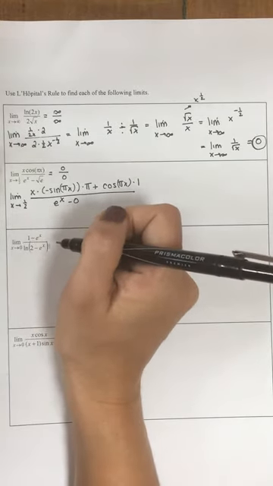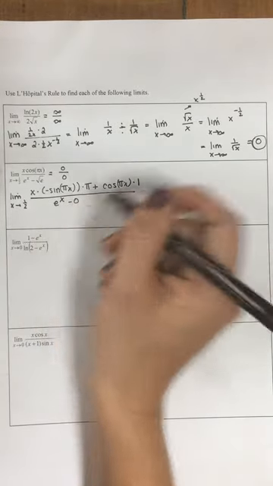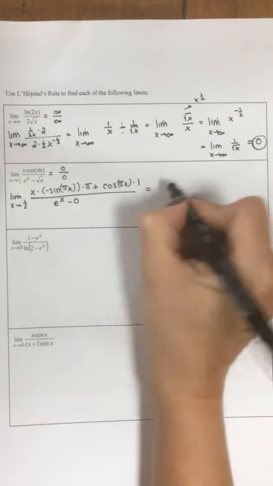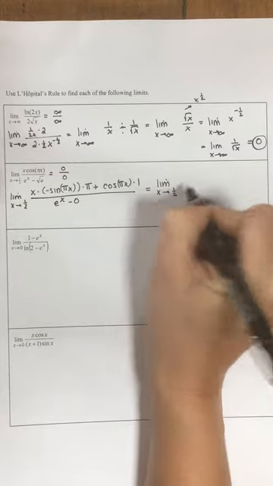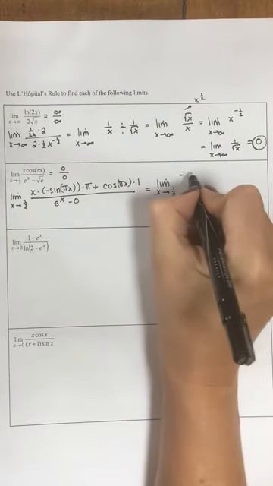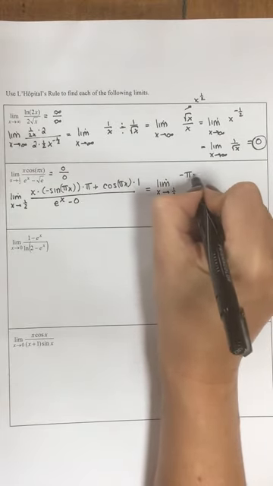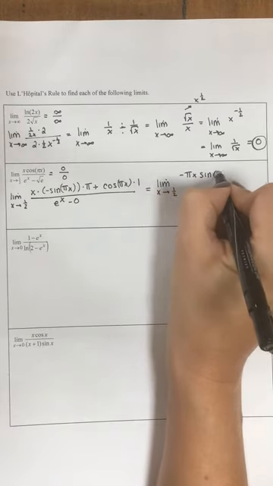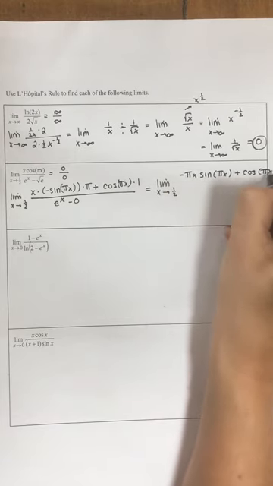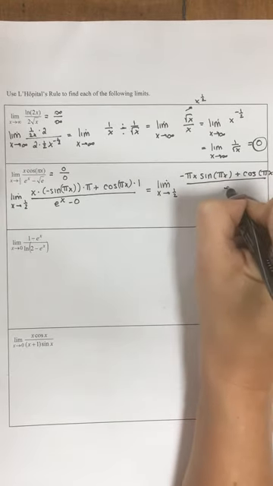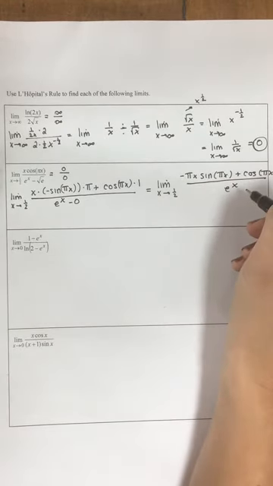That's just a number. It's not anything but a number. It's a constant. So we can clean this up a little bit just to make it look prettier. 1/2, we're going to have negative pi x sine of pi x plus the cosine of pi x all over e to the x.